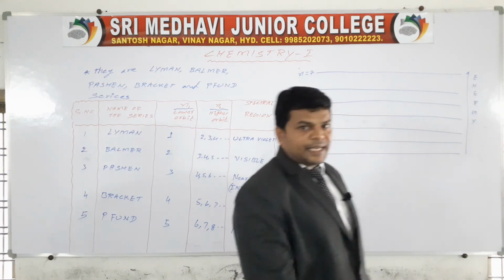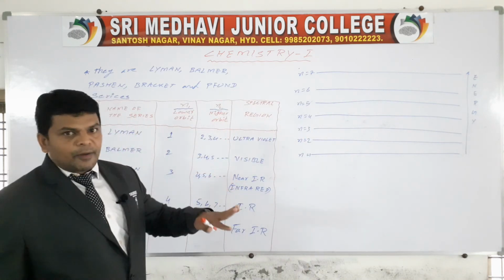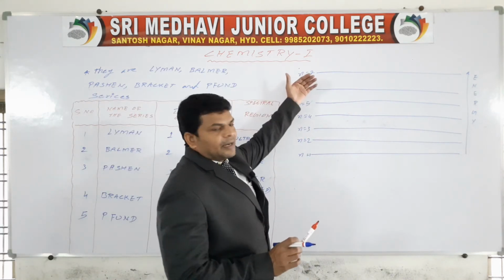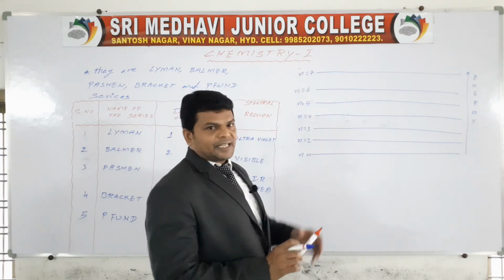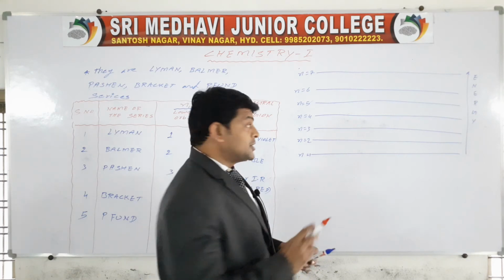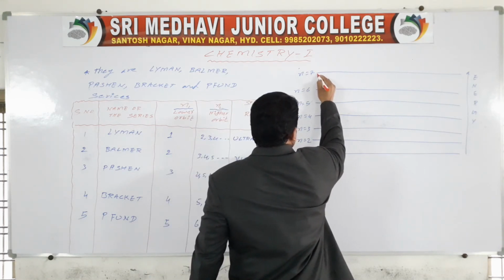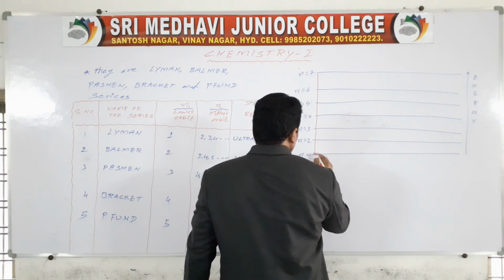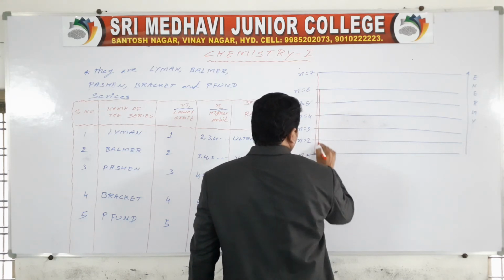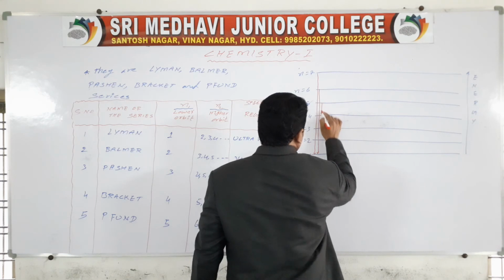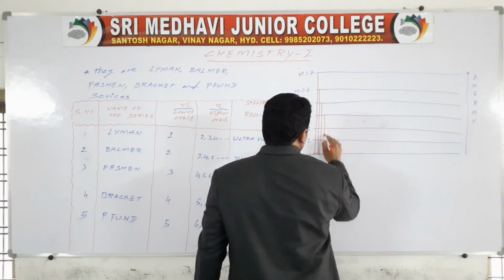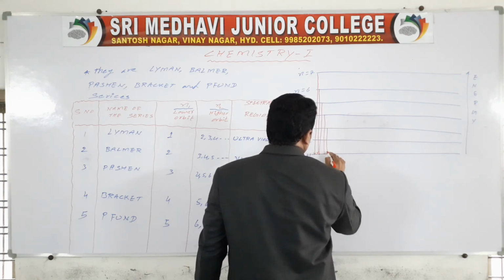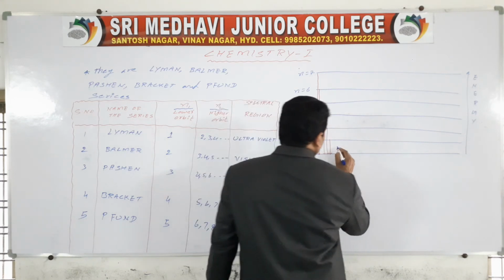Energy increases. How these spectral lines are formed in hydrogen spectrum: when the electron jumps from higher orbits to the first orbit, the Lyman series is formed, from sixth to first, fifth to first, fourth to first, third to first, then second to first.